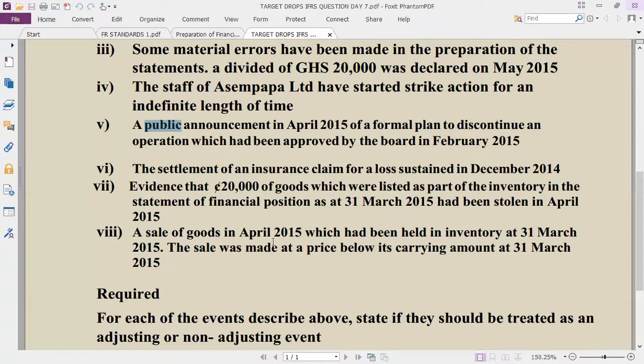They came and stole some of the goods after the reporting year. This is an example of impairment of assets after a reporting period. Those goods, we can't retrieve them. It's gone. So that's it. Adjusting event.